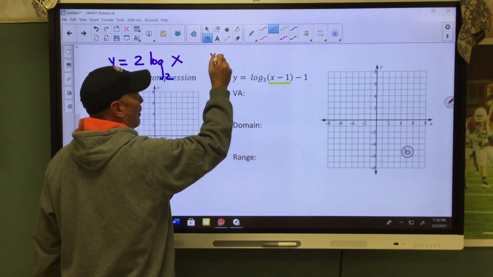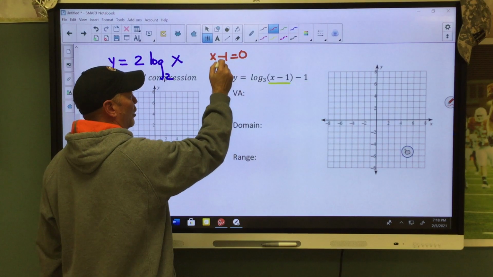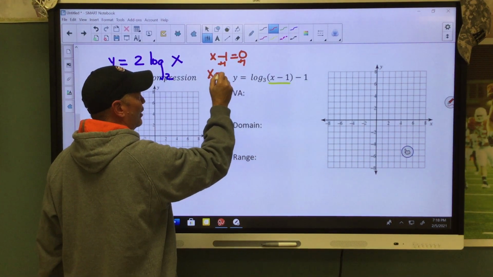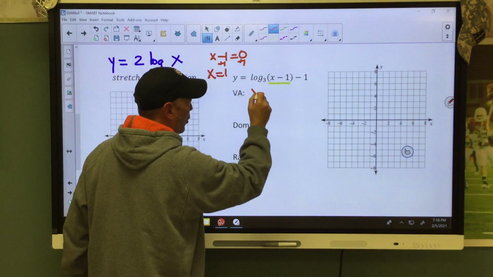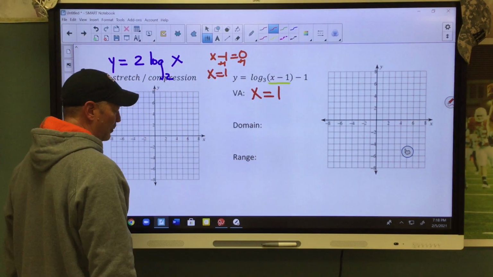X minus 1 equals 0. You're going to go plus 1, x equals 1. That is your equation for that line. That is your vertical asymptote.